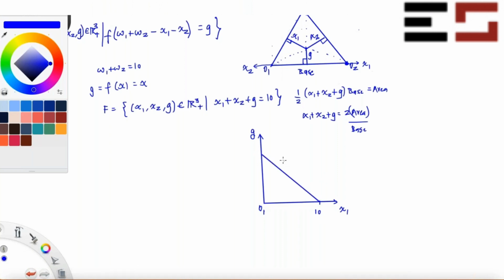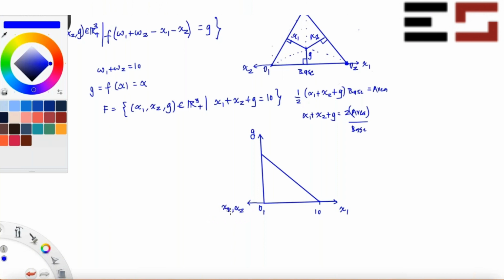Now let me tell you exactly why this triangle gives you another representation of the set of all feasible allocations. This is 45 degrees because you're just plotting g = f(x). In this direction, x2 is increasing, as well as x0.